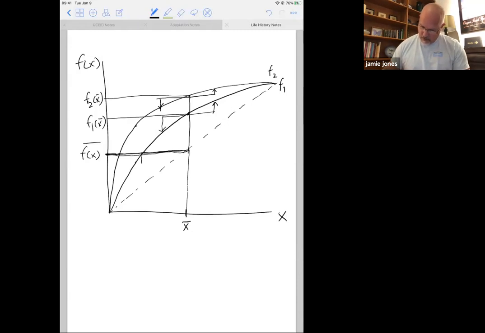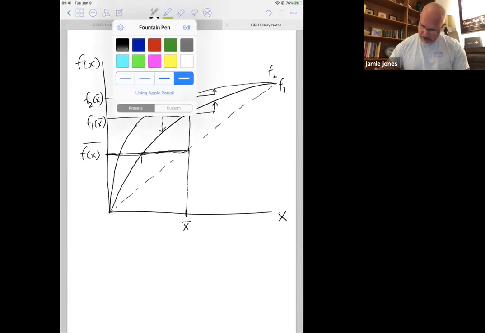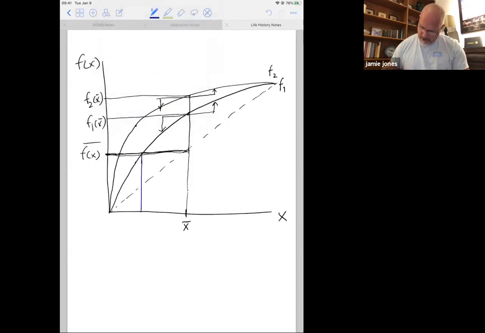That's going to tell us the location, and therefore the magnitude, of these certainty equivalents, X sub C1 and X sub C2. So there's pi 1 and there's pi 2.